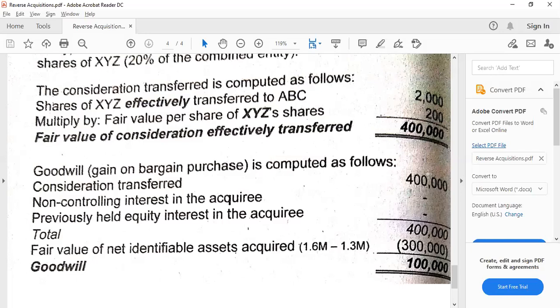So remember, we just had the notional amount of this one, like we just computed this based on the 20%, 80% relationship of the two, so that in both entities it will be balanced. And this is the case of reverse acquisition. So that's why there's no NCI, because if this is a traditional or conventional acquisition, for sure there will be NCI because we did not acquire 100% of the entire company's equity interests.